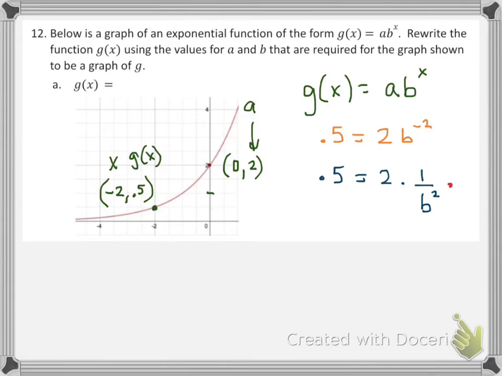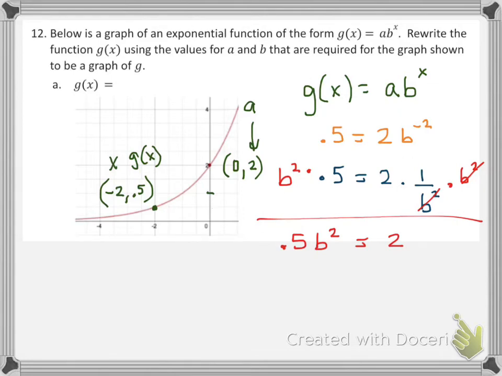So we clear that out by multiplying by b squared. That's going to allow those to cancel. And remember, we have to balance the equation, so I'm going to multiply by b squared over here. So then when that happens, I get 0.5 times b squared is equal to, well, all I have left here is 2 times 1, which is 2.